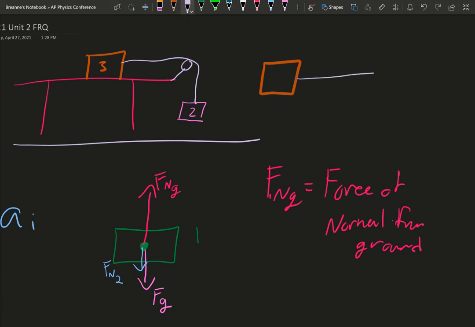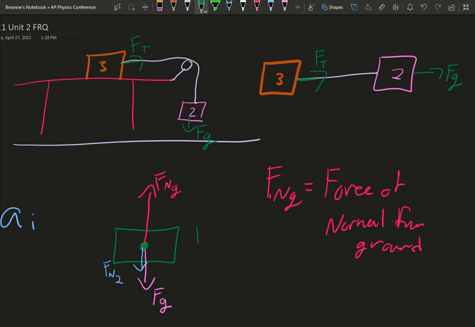The cool thing about the string is you can stretch it and think of it going in a straight line. This is block 3. This is block 2. So we have a force of tension and a force of gravity.